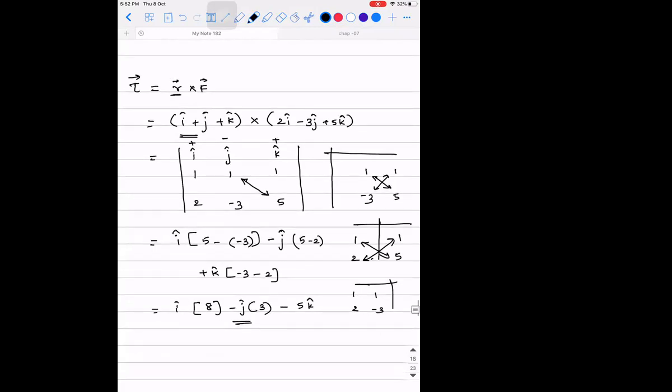Did you guys understand? So torque vector is equal to 8i cap minus 3j cap minus 5k cap, and the unit for this is Newton meter. We saw Newton meter somewhere else also. Where did we see?